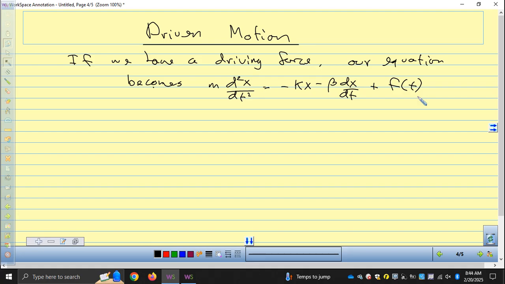We have some force as a function of time that's pushing or pulling something on our mass.